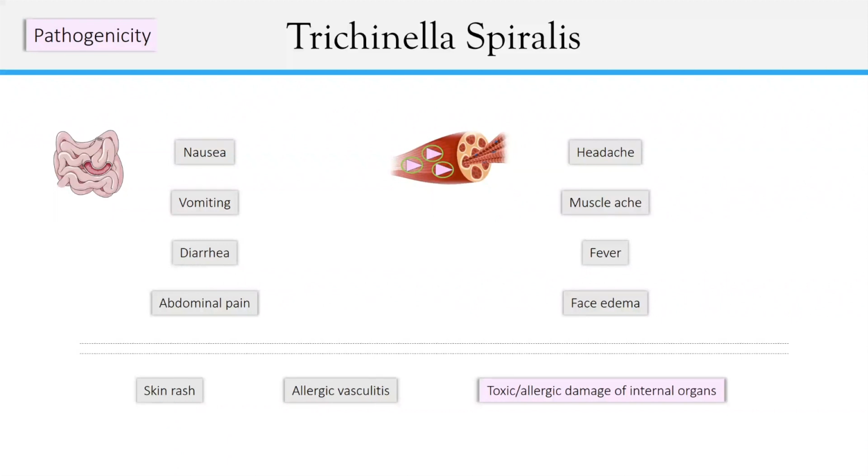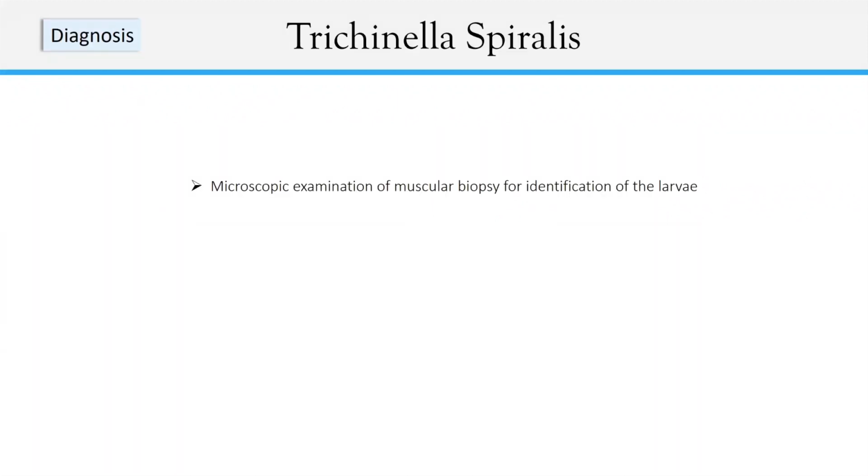In order to diagnose Trichinella spiralis, microscopic examination of a muscular biopsy can be done to find the larva, and also identification of antibodies in the blood against Trichinella spiralis.